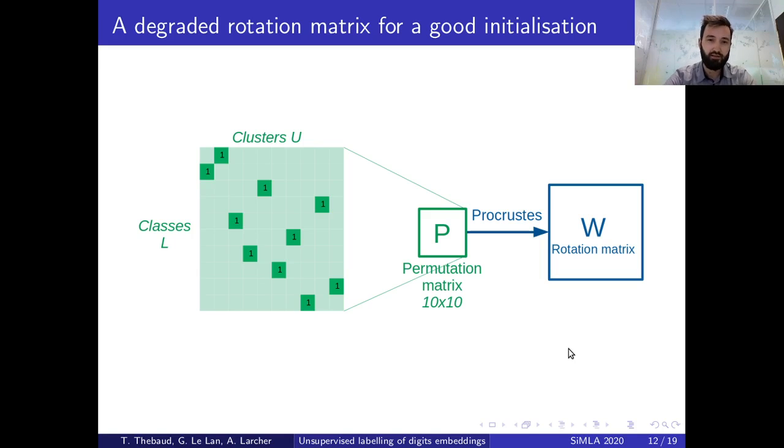So using a given permutation matrix, we can generate an associated rotation matrix using Procrustes. It's not the perfect rotation matrix associated to this permutation because it only uses the centers of the clusters, but still we have a way to find, for a given permutation, the associated rotation.